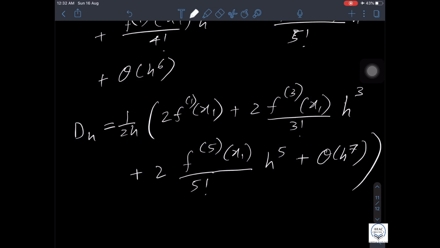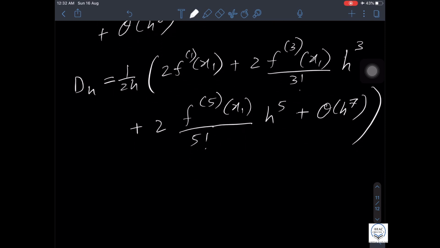It will get cancelled because the even powers are getting cancelled. So now you can take this common factor 2 outside and cancel with this 2. And what you can also do is divide by this factor h. Oh, I missed an h here, sorry.